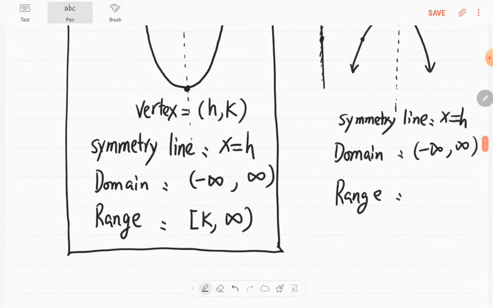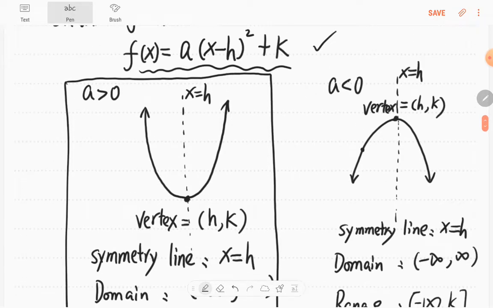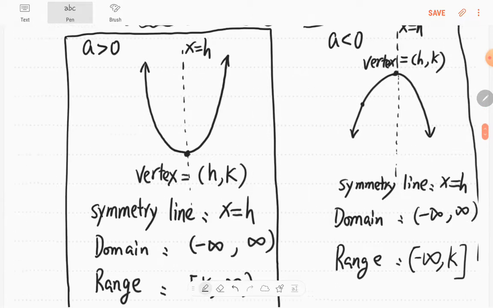So the range is negative infinity to k. Okay, so this is for a less than 0, sorry.